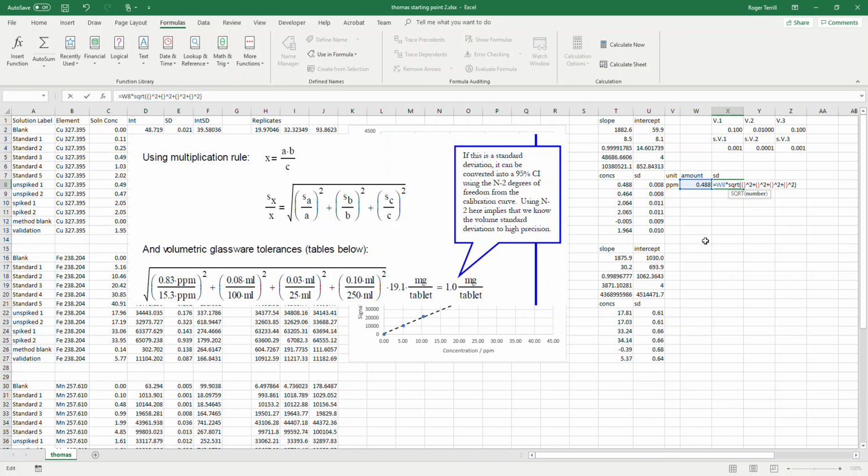Actually, that's one too many there, I think. Yeah, that's one too many. So there we go. We got the three values, right?